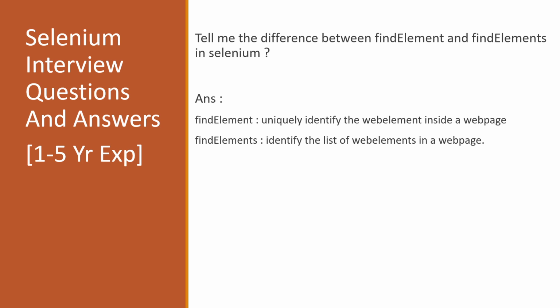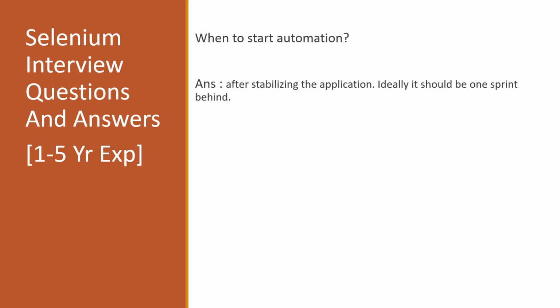Okay. Now coming to the next question. When to start automation? You know, if your product is not stable, in that case, if you do any automation, then obviously all your automation test cases will fail. Okay. So after stabilizing the application, you can start the automation. Suppose in the first sprint you got several defects, second sprint also you got many defects.